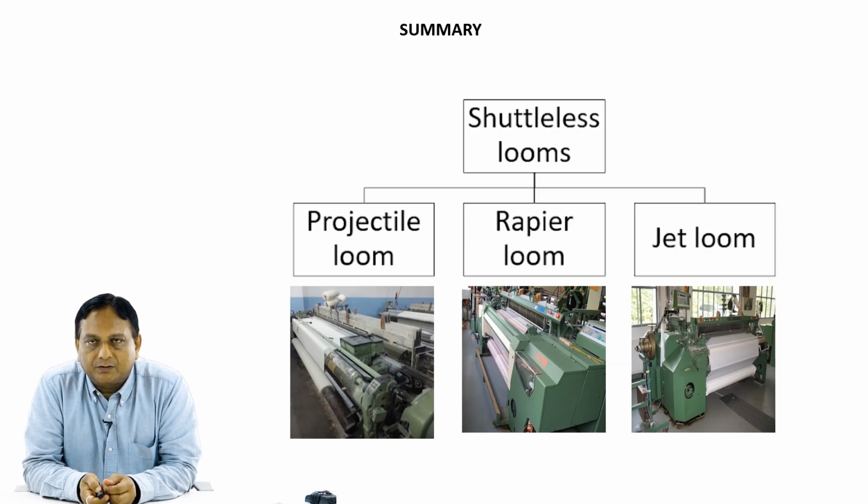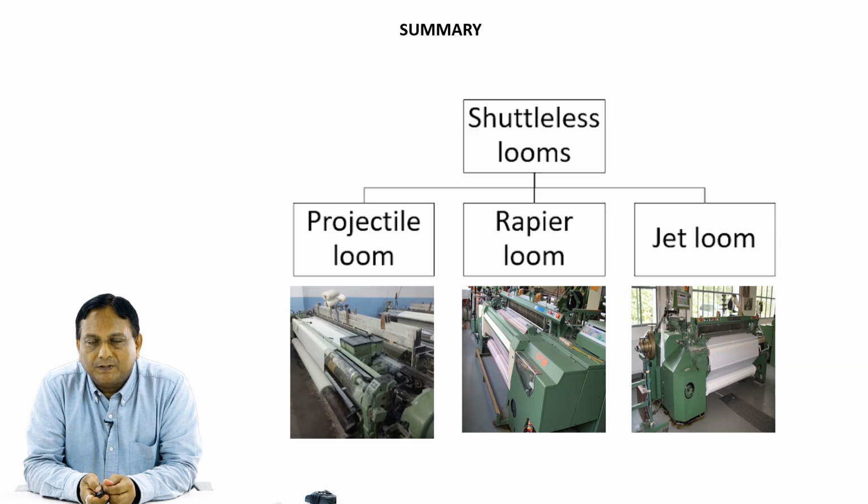Now, the main advantage, as we have seen in this particular lesson, is the noise level. In the shuttle loom, the noise level is very high, so workers find it very difficult to work in that atmosphere. But in the case of the shuttle-less loom, the noise level is very low.